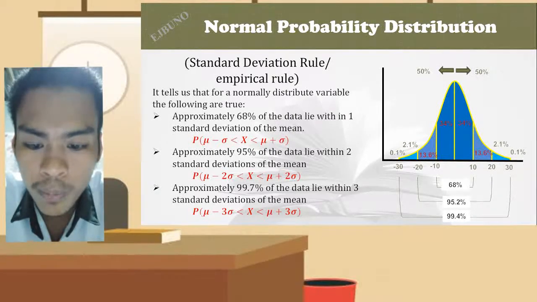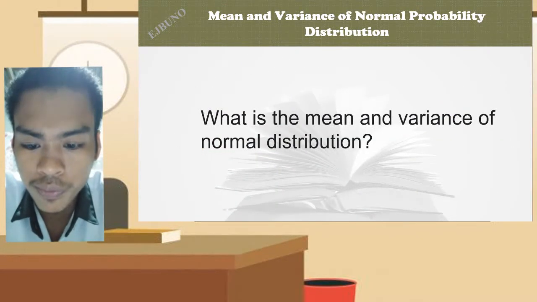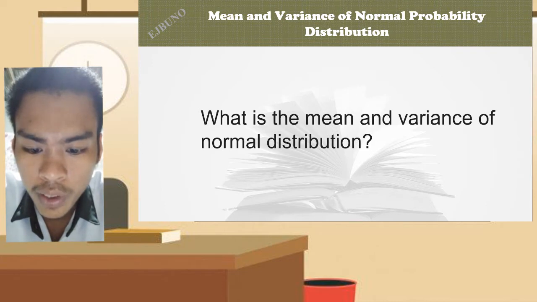Now we use probability language and notation to describe the random variable's behavior. What is the mean and variance of a normal distribution? The parameter expected value is the mean or expectation of the distribution, and also its median and mode.